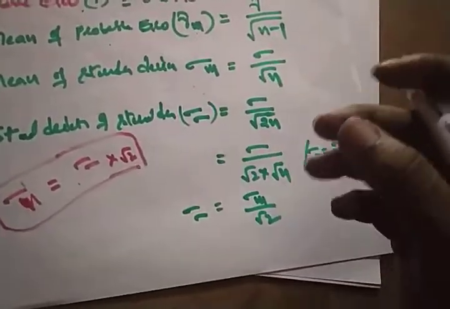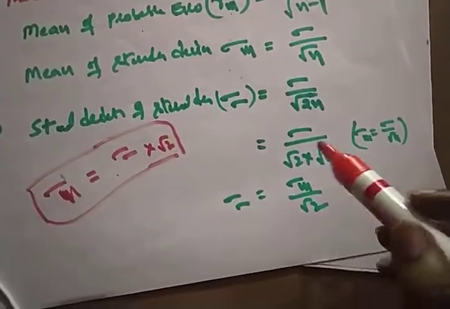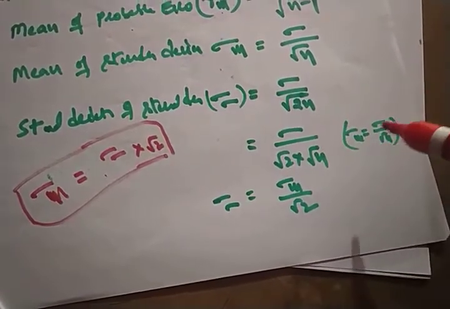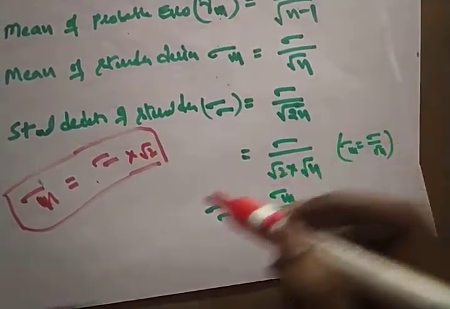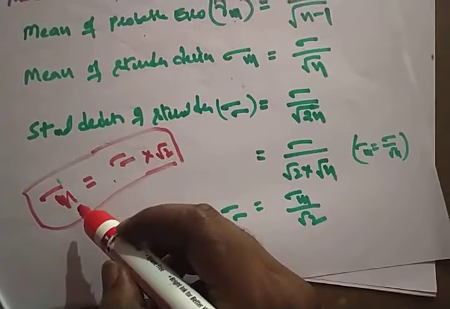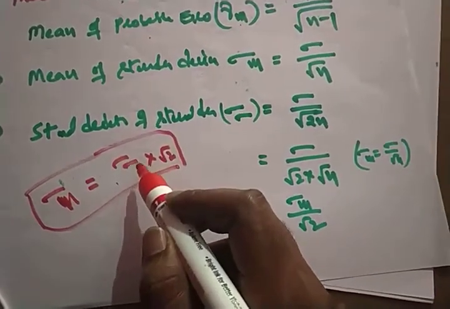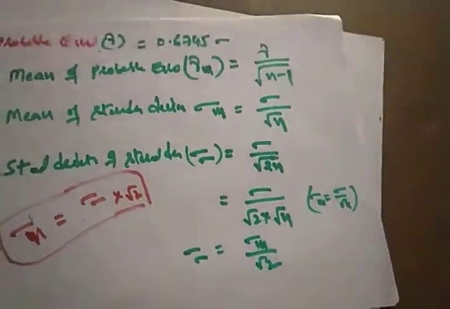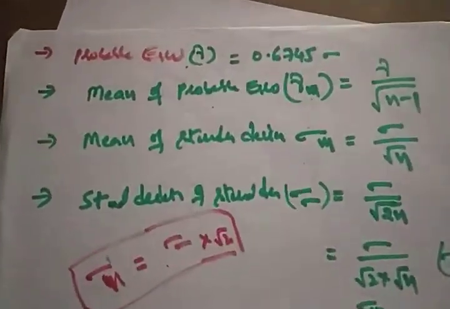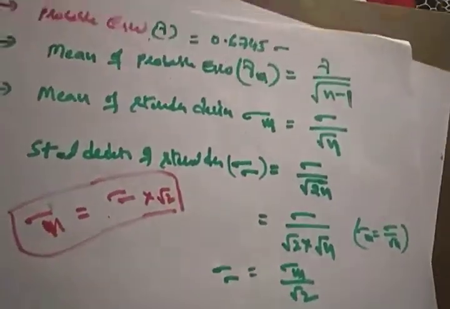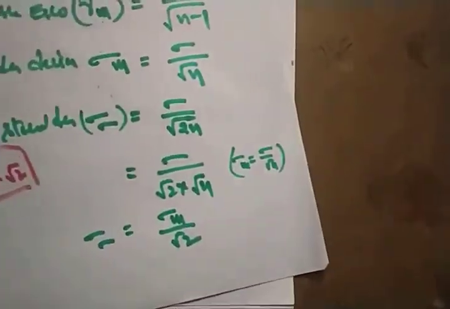If you derive the equation like this, you know sigma by root n is equal to sigma m. So if you substitute it, you can get that the mean of standard deviation is equal to standard deviation of standard deviation into root 2. Right. So these are the formulas.